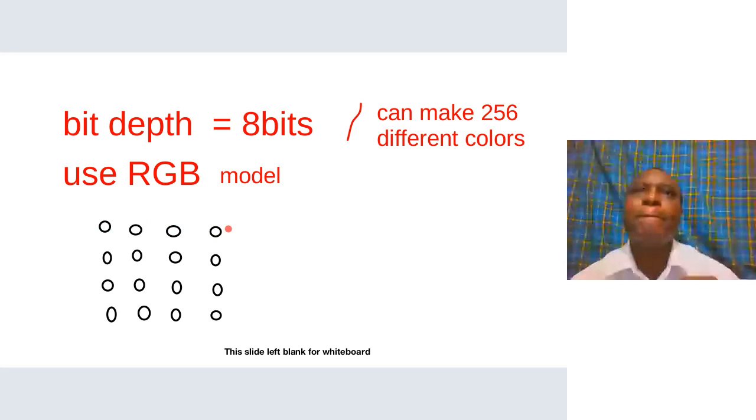But now, if they are not the same color, it means that they are using different combinations of the 8 bits. So if they are all zeros, each of them is represented by 8 zeros. If the first one is 8 zeros, the second one on the top 8 zeros, the next one 8 zeros, and that continues for all these points, then the color we see will be black.